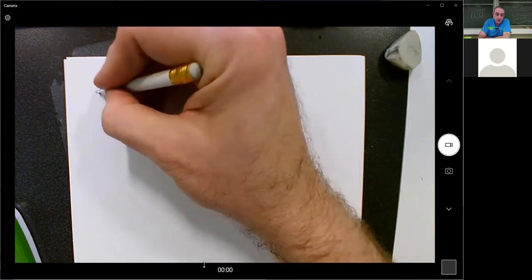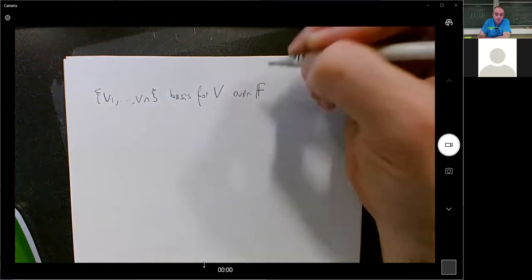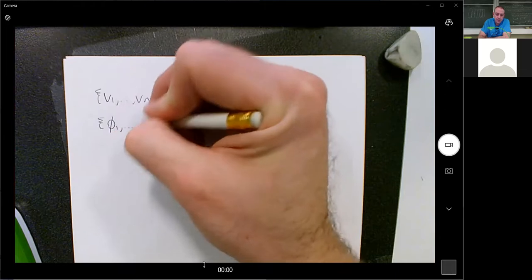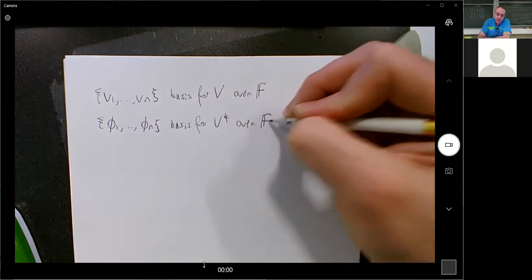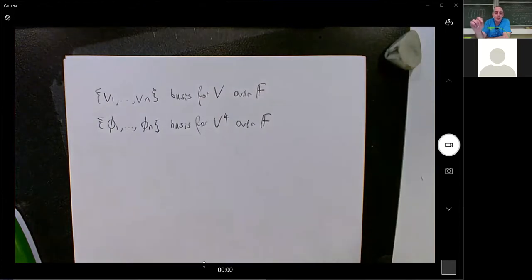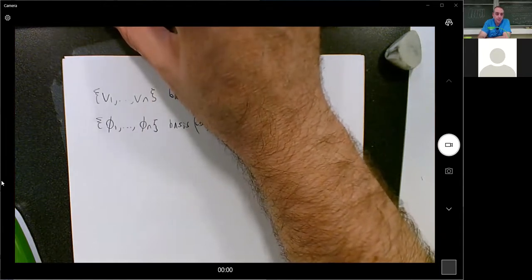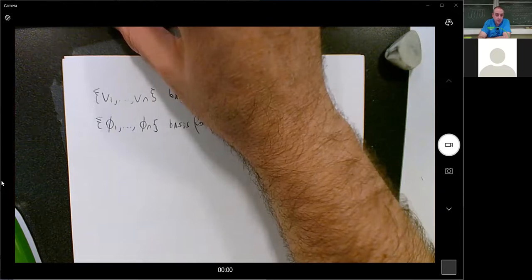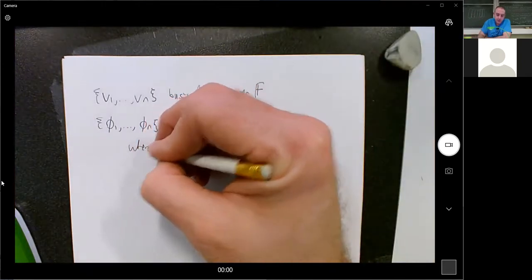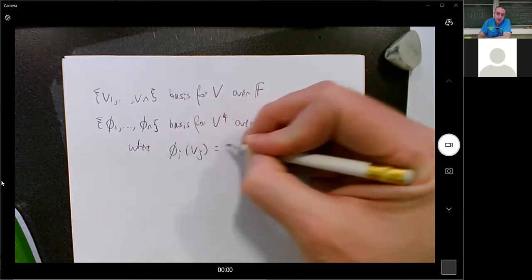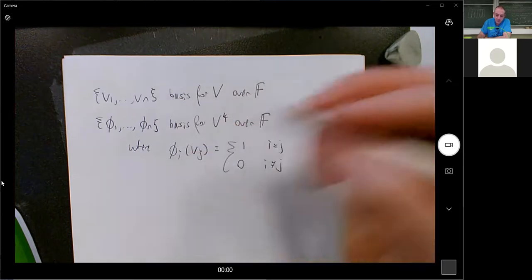V1 up to Vn, a basis for big V over F, and phi 1 up to phi n is a basis for V star over F. I'm copying what's on the screen, where phi i of Vj is 1 if i equals j, and 0 if i is not equal to j. Yep, that's the theorem.